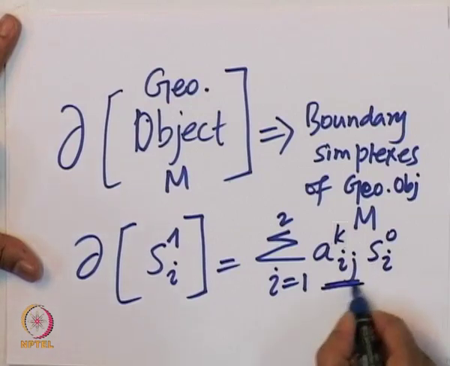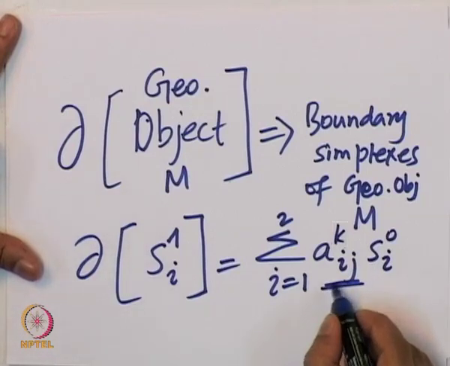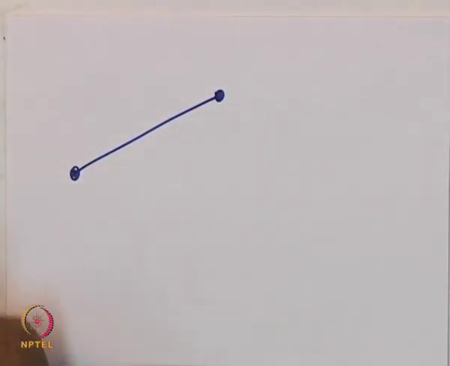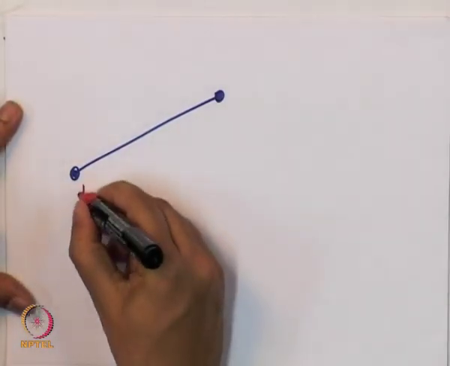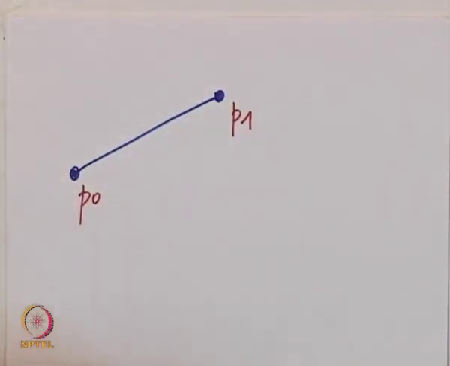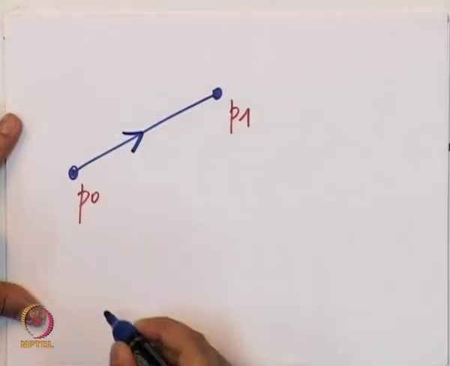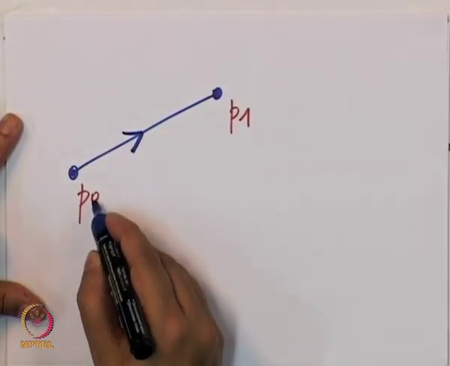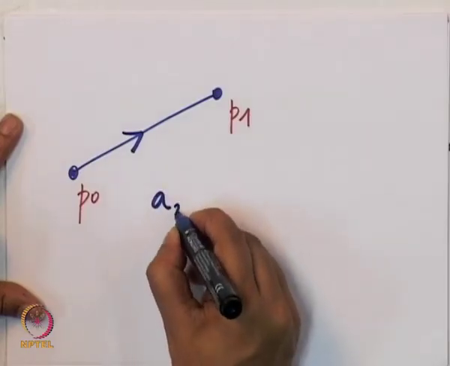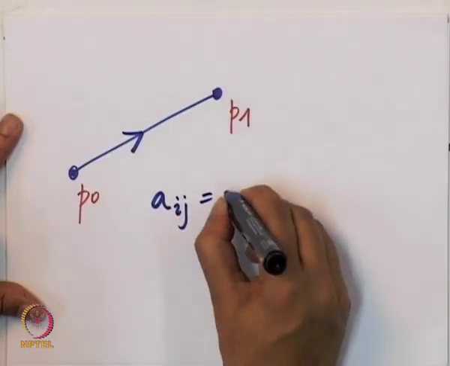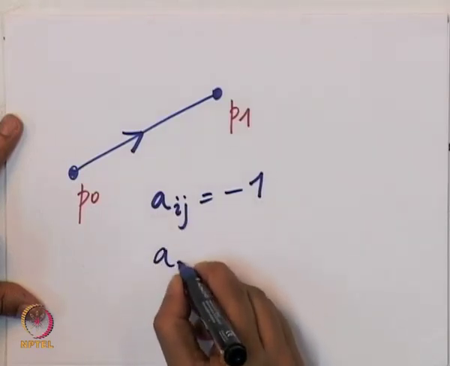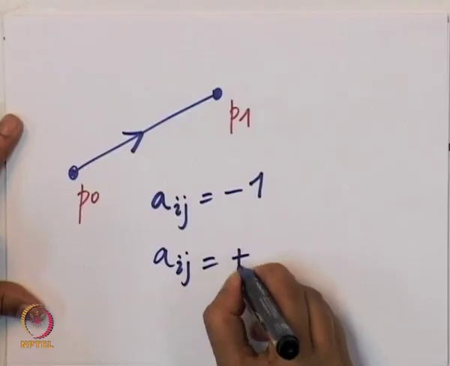But the important thing is, what is the value of this a, i, j, k for a simplex with points, let us say P0 and P1, and we say the orientation is this direction. For the first point a, i, j will be equal to -1, and for the second point a, i, j will be equal to +1.